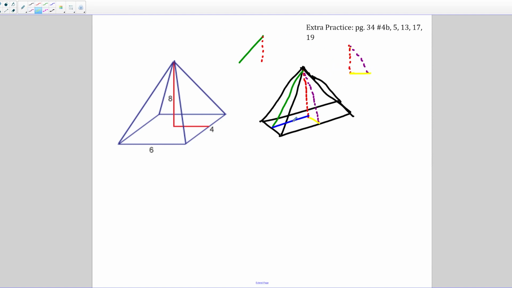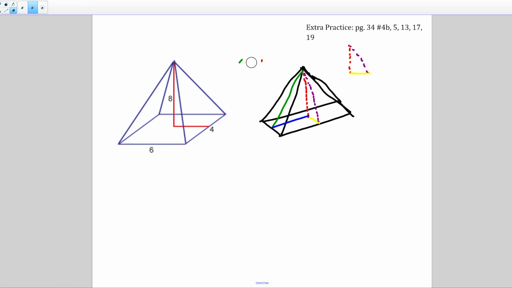You can already see that this blue length is much longer than this yellow length, meaning that the green hypotenuse is going to end up being longer than the purple one. So that's with a really exaggerated base of a rectangle.